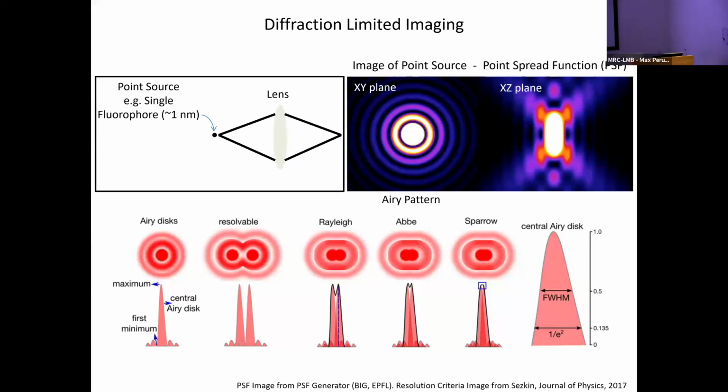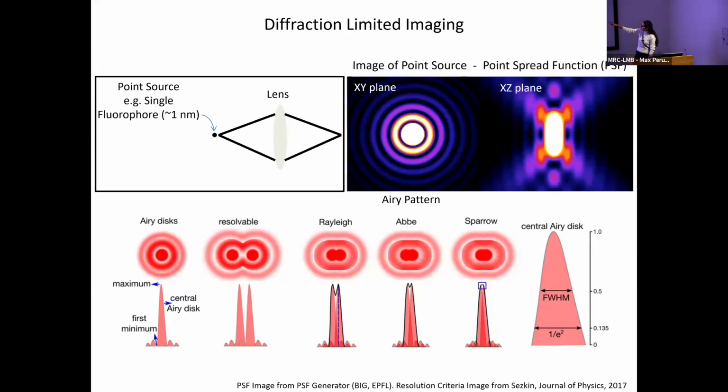When you reach the limit here, you still see two peaks, and you can say maybe I have two. I know that I have two different objects close to each other. But if you go below, then they start to merge together, and you just have a big PSF, and you don't know if you have one object or multiple objects encoded in there.